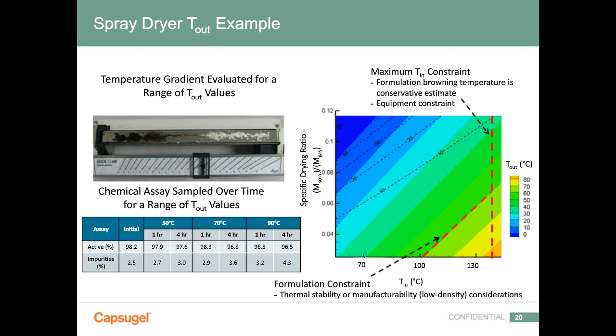Now, usually the product itself won't see 4 hours, but that's an extraneous condition, so we can really see if there's a drop-off in overall impurity profile, which we did see in this specific molecule after an extended period of time. But it wasn't really a function of temperature. It was more of just a time issue at that elevated temperature, in this case anything from 50, 70, or 90 C. So if we know that we're going to have some instabilities past this 50 C, that's going to be our constraint within the process itself.